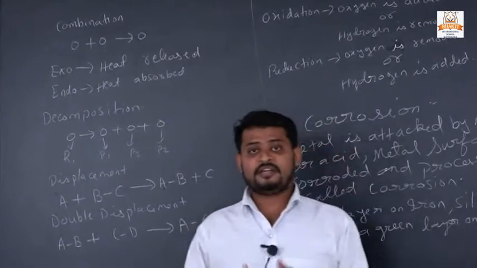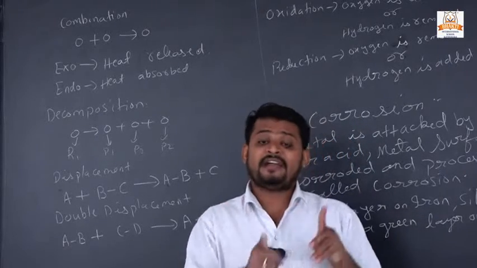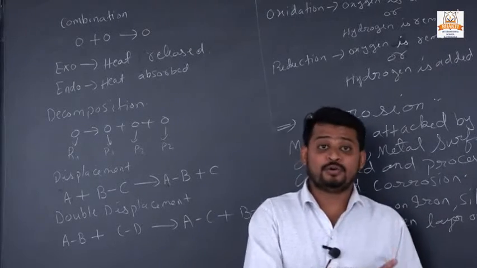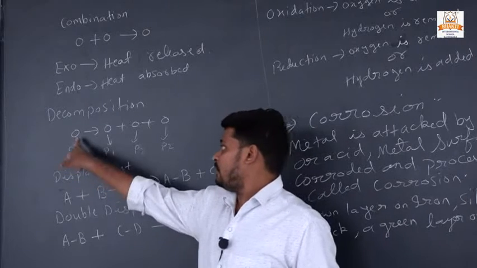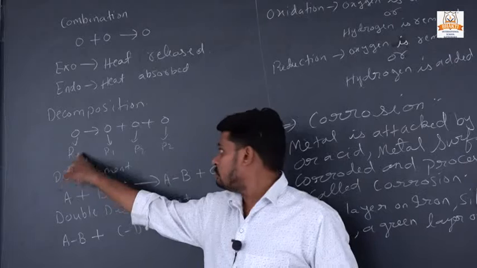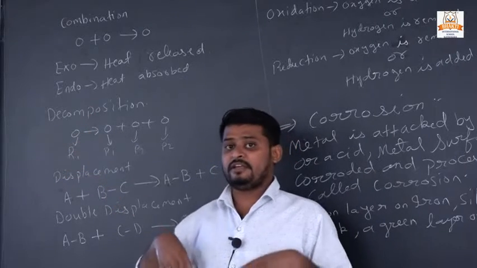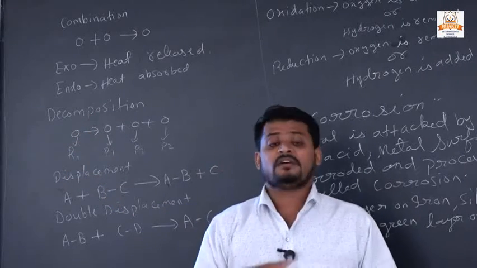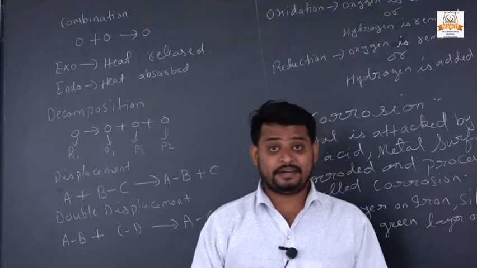In decomposition reaction we will take one compound and that compound will break into so many simpler products. So here we will take only one reactant, that is any compound, and after that we will give it heat, chemical, sunlight and electric current.